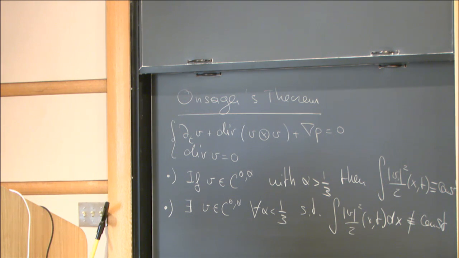So there is one main thing which, in my opinion, we don't understand here, and it needs much more understanding if you want, for instance, to hope to show that some of these solutions are a limit of vanishing viscosity. I don't even know whether they could be. But certainly you have to do something, because if it is a limit of reasonable solutions, say Leray solutions, the energy has to go down.